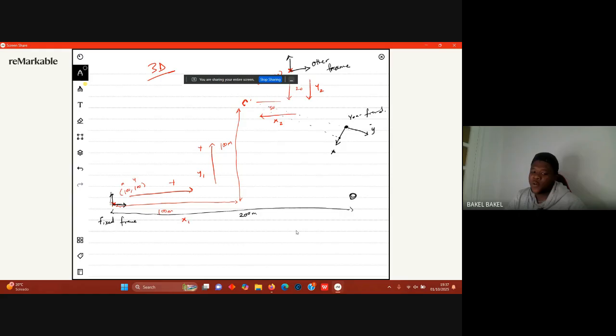Mathematically, if you tell your friend, go 200 meters in the x direction, that statement is correct for you, because this is your x direction, and if you go 200 meters, you get to the ball. But if your friend goes 200 meters in his own x direction, you end up here. I don't know if you understand.